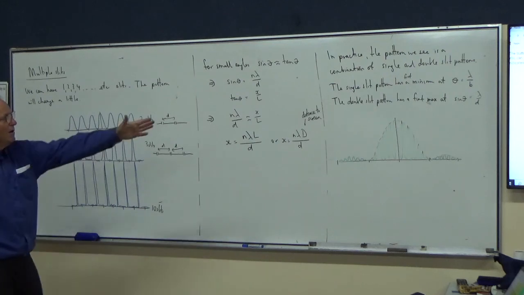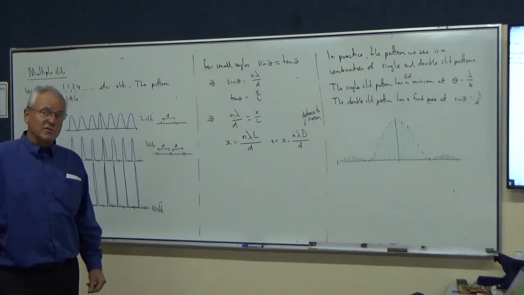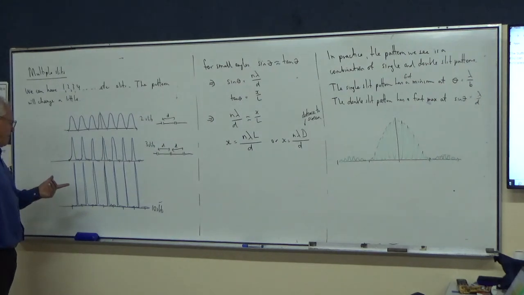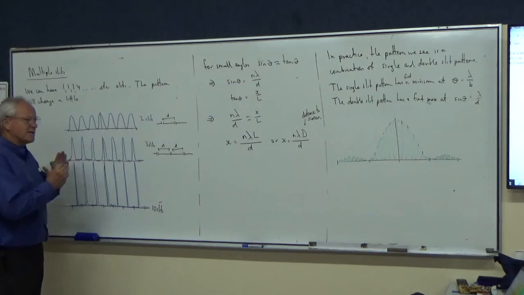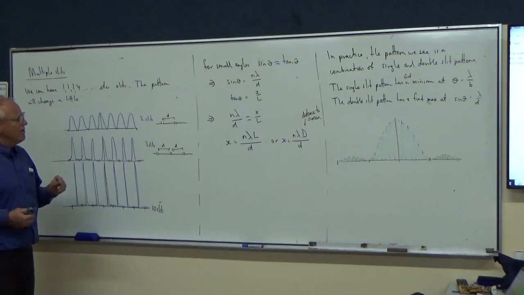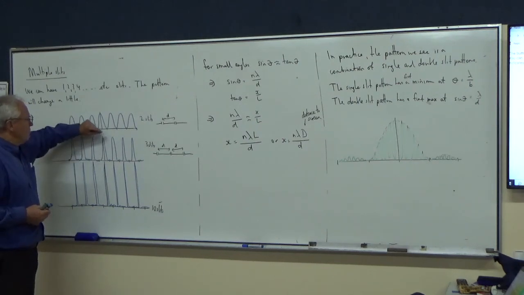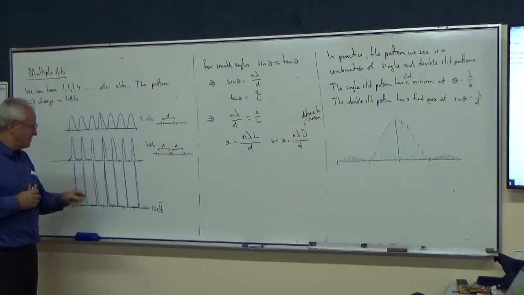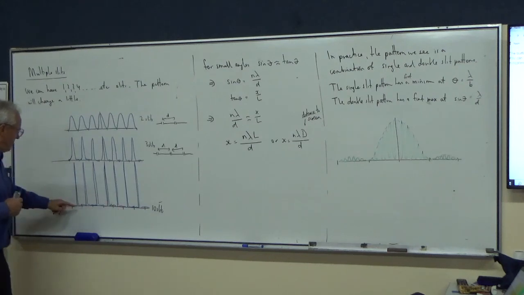So therefore, sine theta equals lambda on d. They become much sharper because, when you're not at the maximum, you've got a lot more sources cancelling out. So you've got little bits. There are subsidiary maxima there.